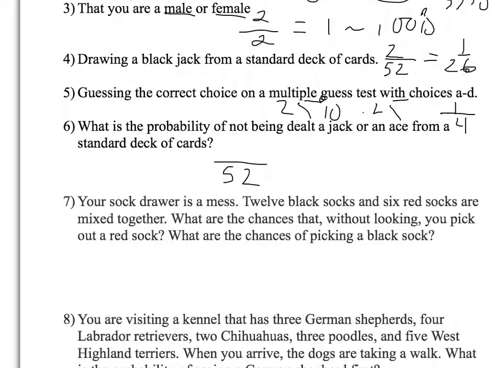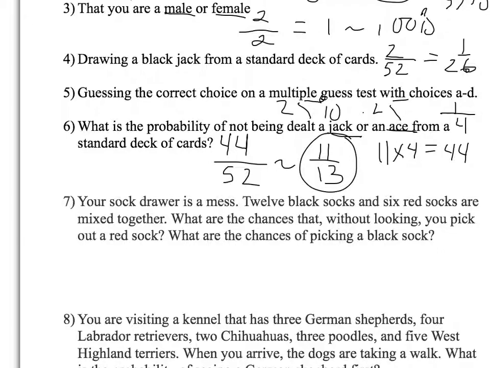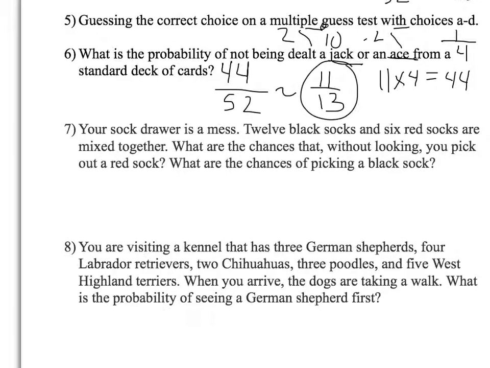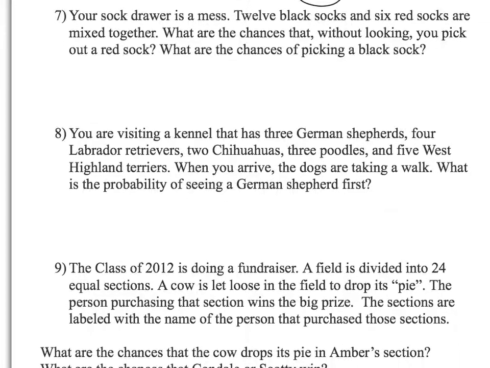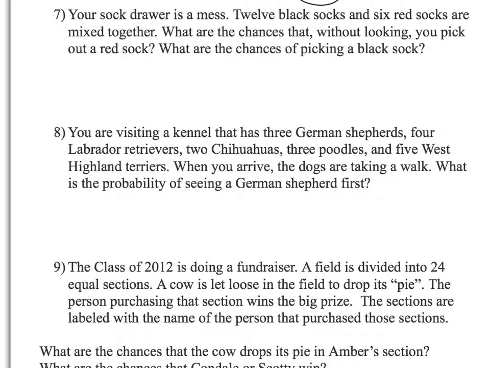So there's 11 different cards, and there's 4 suits, so there's 44 cards that are not a jack or an ace, so we can say 44 out of 52, which we can reduce to 11/13. So that's what we're looking at right there. Okay. Now, we got a couple more of these, and we can go right here.